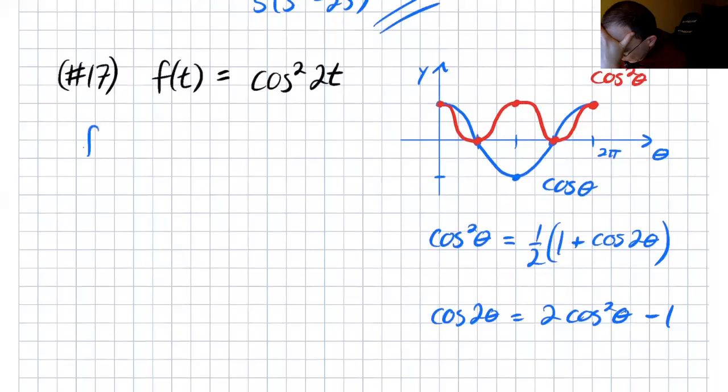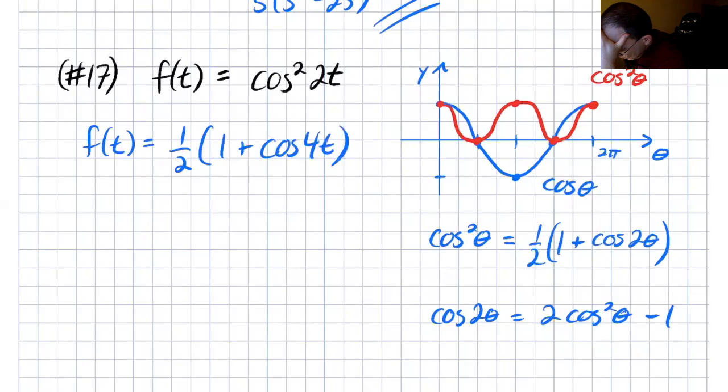So f of t is going to be 1/2 times 1 plus cosine 4t. So I think we should maybe, well, no, I guess it's fine.